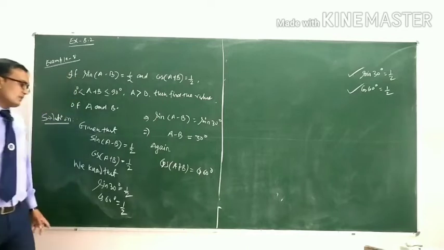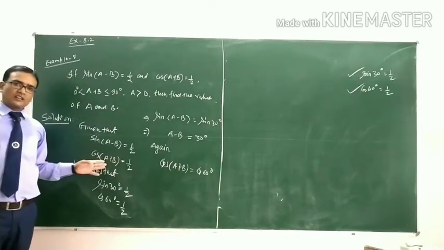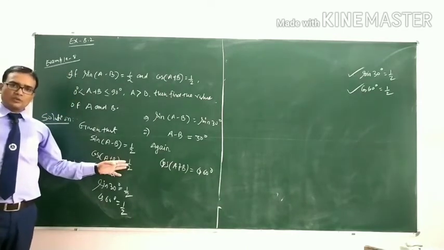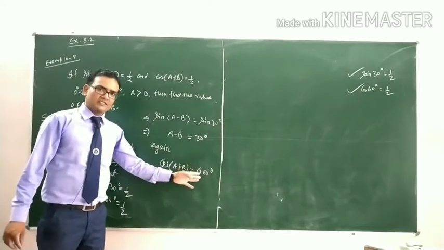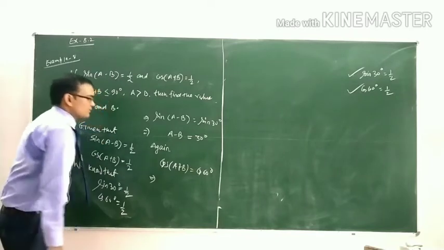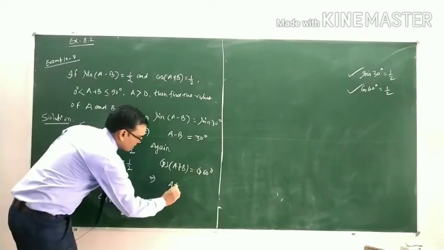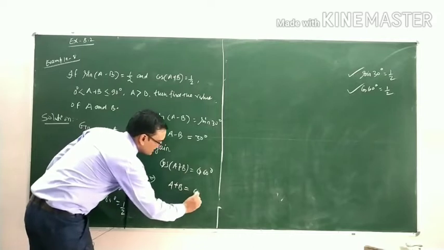Why? Because here cos A plus B equals 1 by 2, then put the value of 1 by 2 as cos 60. Okay students, this implies that A plus B equals 60.